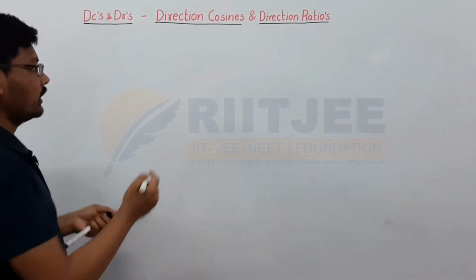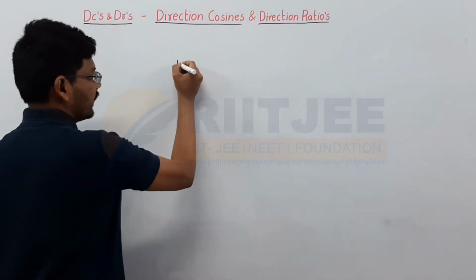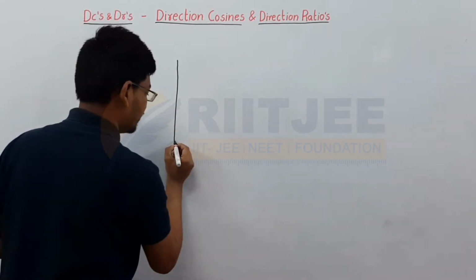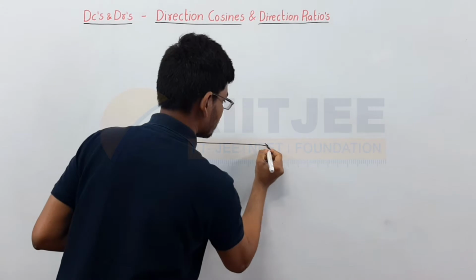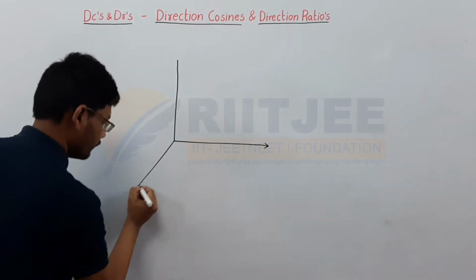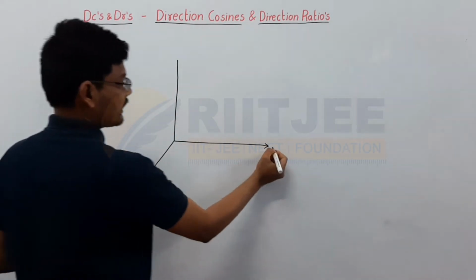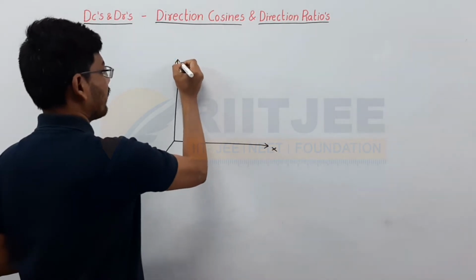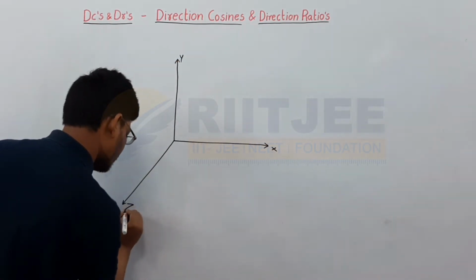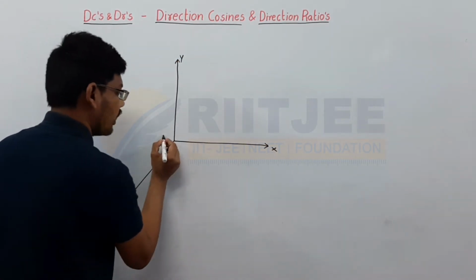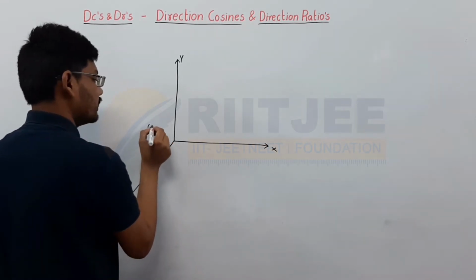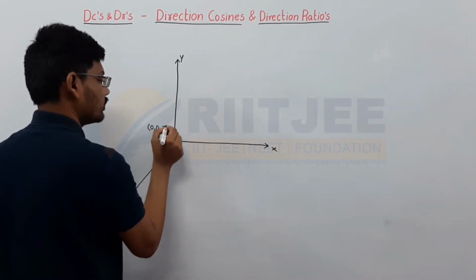First of all, here I am taking the 3D coordinate system. This is X, this is Y and this is Z, and this is origin O, that is 0, 0, 0.